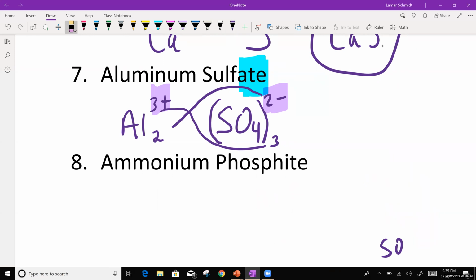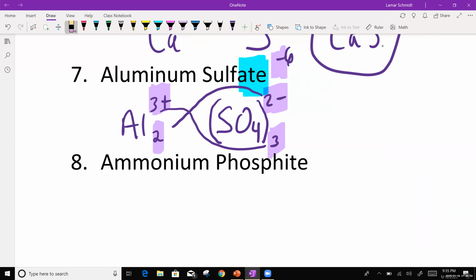Now, there's an easier way to maybe look at that. You could look at it in terms of there's 2 times 3, 3 plus, and so you could think of that as being 6, and you have 3 times -2, which is -6, and so your sum of your charges equals 0.